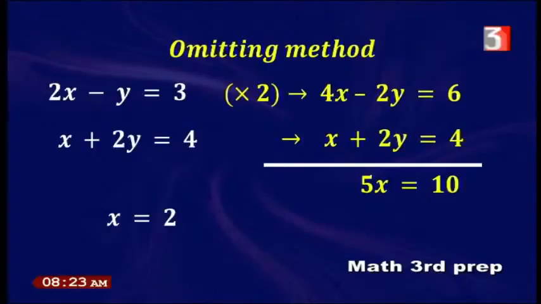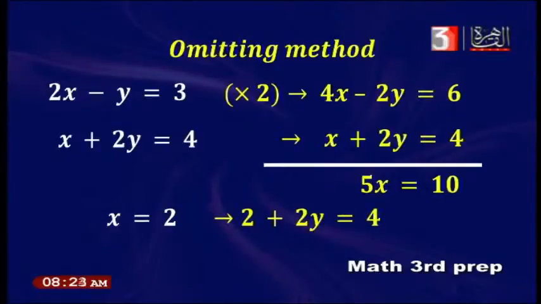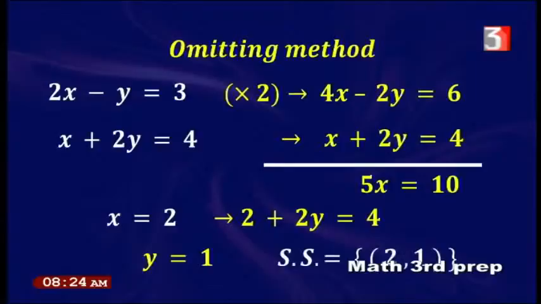And then by substituting the value of x equals 2 in any of the two equations, you are going to find that 2y plus 2 equals 4. Then 2y equals 4 minus 2 gives 2. And in this case, we are going to find that y equals 1. So the solution set of such two equations is (2, 1).